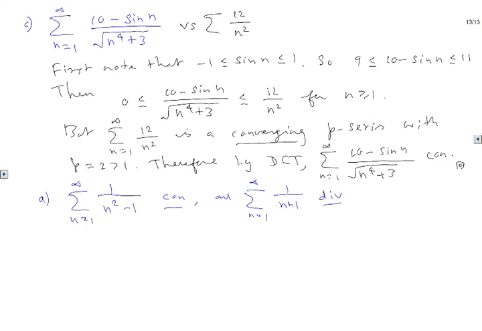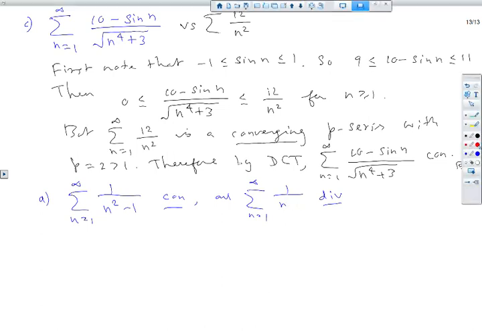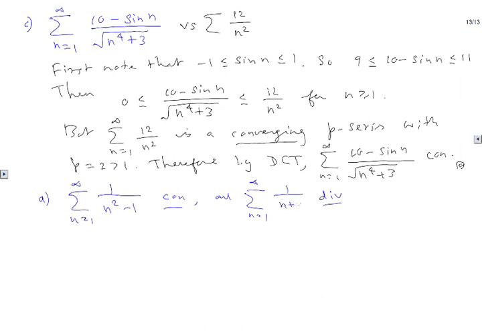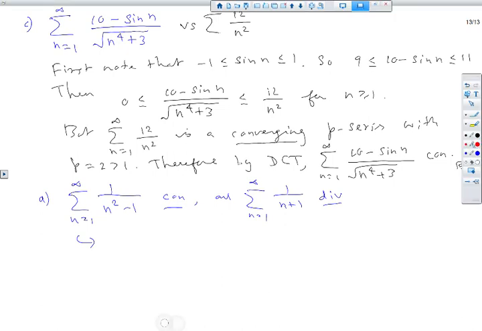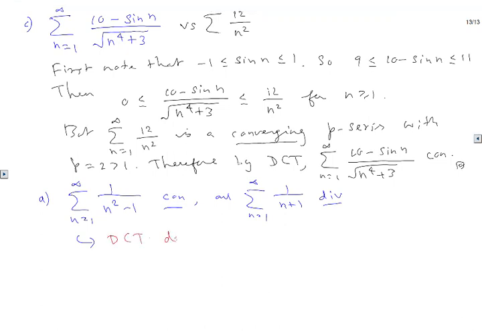I wrote the wrong one. With the plus sign, if you see n plus 1, we know that this series diverges and this one converges, but in these two cases, the direct comparison test does not work here. You cannot use it in this kind of way, because the inequality is in the wrong direction.